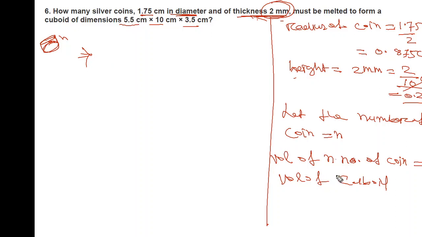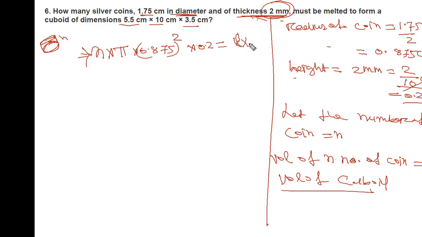So n number of coins will be n into pi r square h. r is your 0.875 square into h, height is your 0.2, which will be equal to volume of the cuboid. So you can say length into breadth into height.